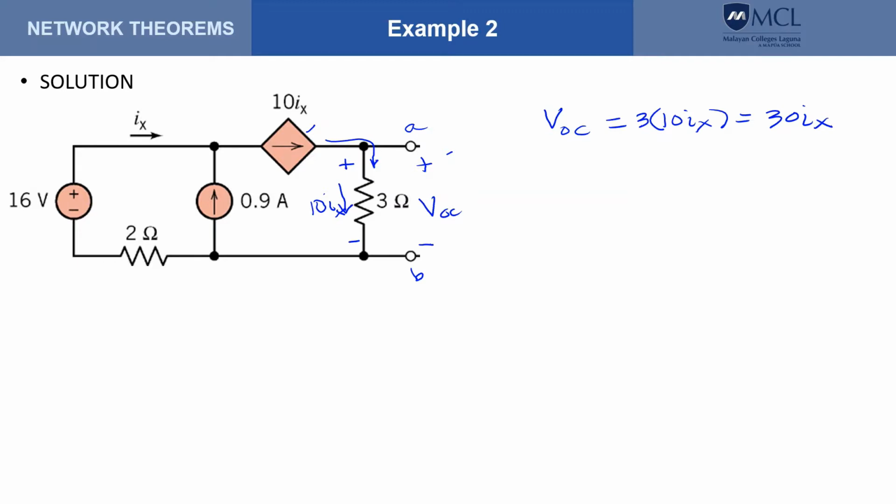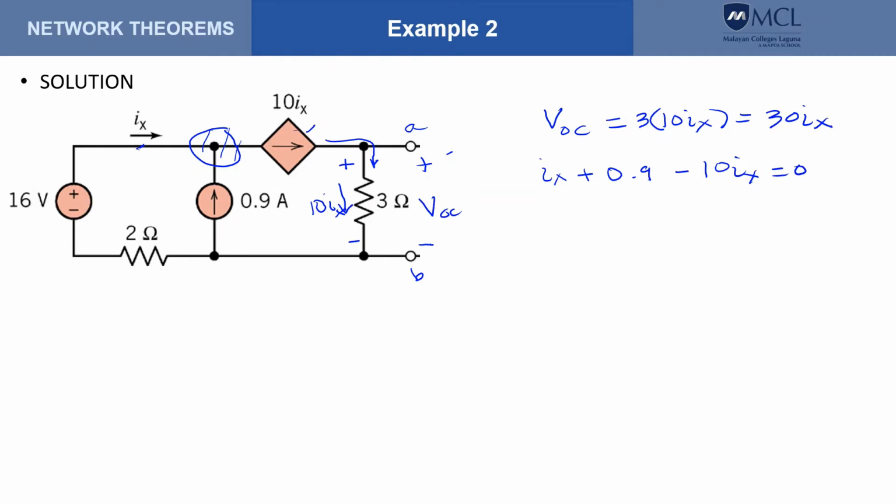But what is I sub x? Well, I can write a KCL on this node. So take note, this current source is dependent on the current that flows in this branch here. So doing the KCL on this node, that will give us current entering, so that is I sub x plus 0.9 minus 10 I sub x equals 0.